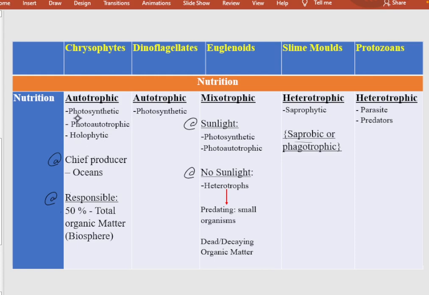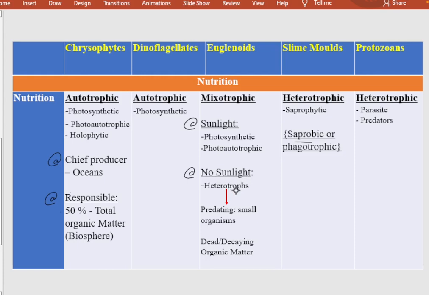This one is also autotrophic, whereas this one is mixotrophic. When sunlight is there, they perform photoautotrophy. None are chemoautotrophic; you need to remember this.